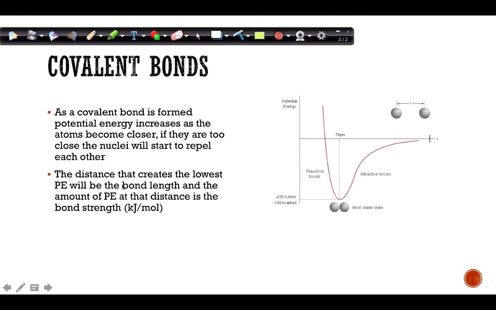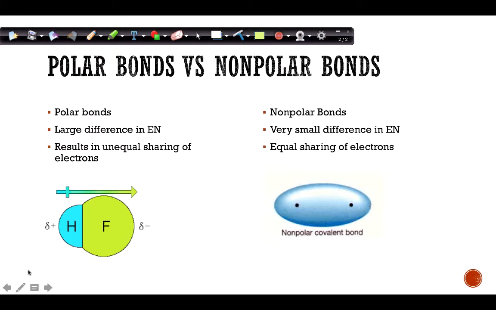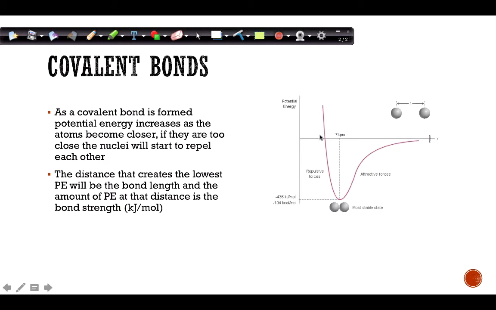All right, so whenever we make a covalent bond, basically those atoms are coming closer and closer together because they're attracted to each other. The electrons are being attracted by the nucleus of the other atom, and they're coming together. Well, as they come closer and closer, those nuclei actually get close and they start to repel each other. So the distance that the atoms end up being in the bond is the bond length, and that distance will create the lowest amount of potential energy.